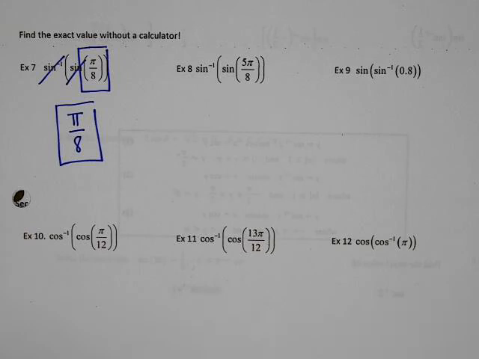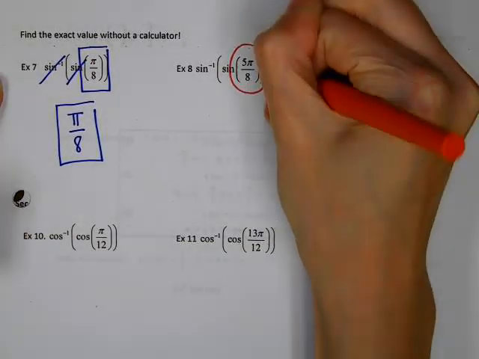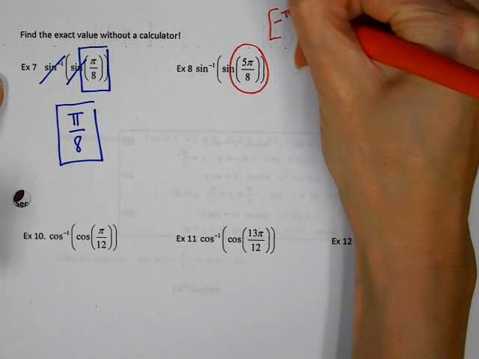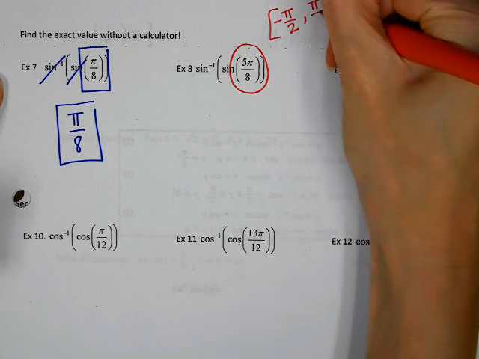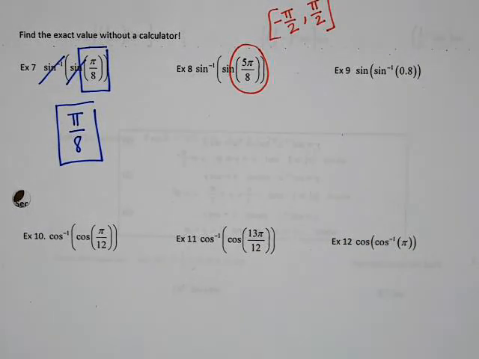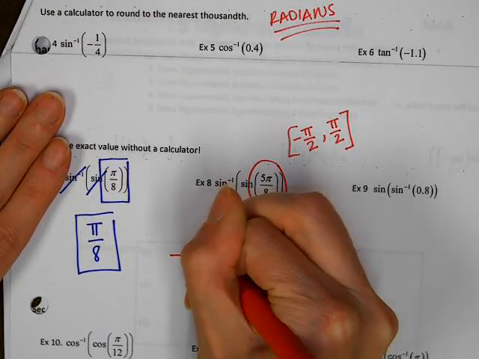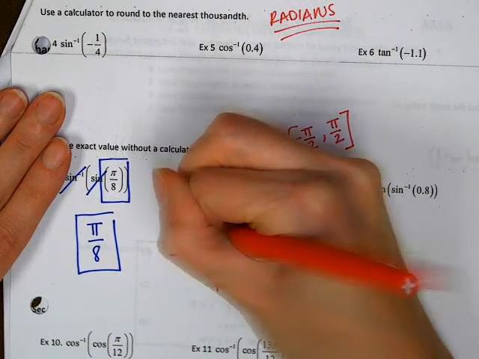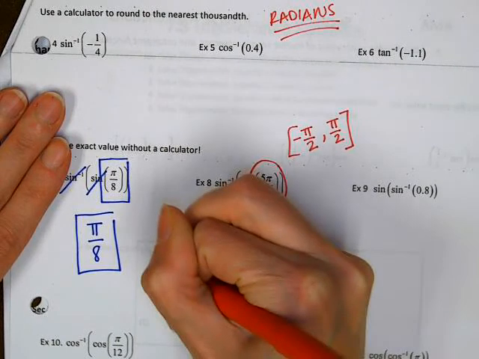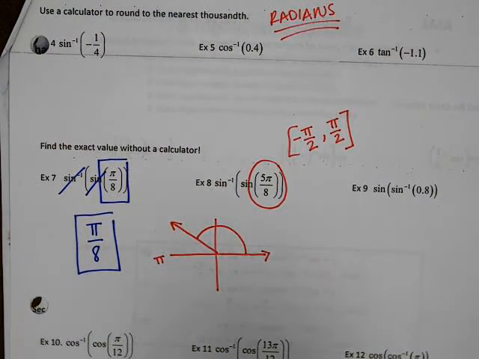For example, number 8. 5 pi over 8 is not within our range of negative to positive pi over 2. It's outside of that range. So we need to rewrite it as an angle that is inside of our range. Okay, so how do we do that? Let's see. Where is 5 pi over 8? That's going to be somewhere over here, right? Almost at 8 pi over 8. So basically, you could just find the reference angle.